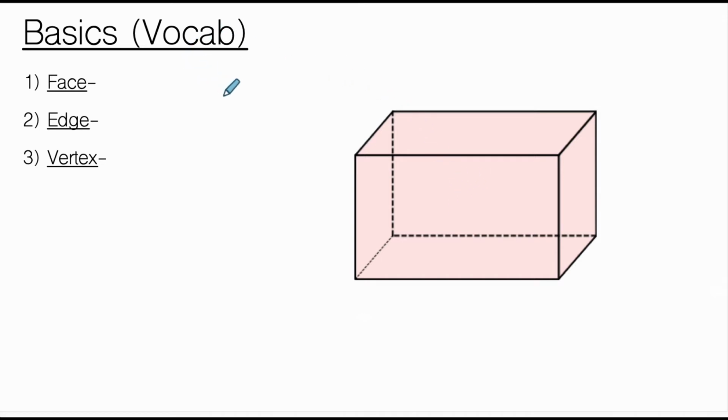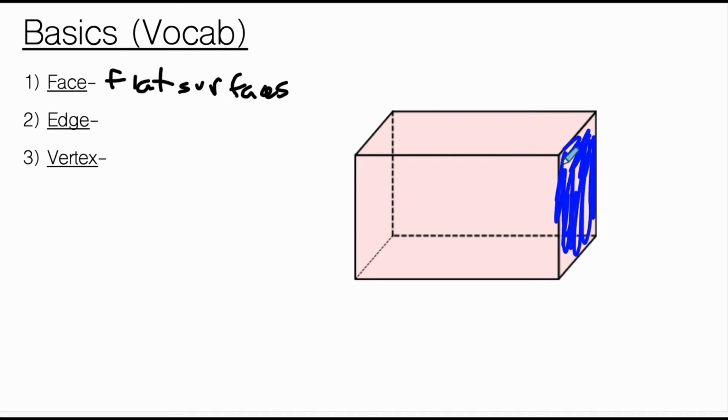The faces of a figure are all of the flat surfaces. Sorry for my handwriting, it's hard to write on this, but all of the flat surfaces. So if I was to maybe color one of those in, like one of these sides, this flat surface, this is a face.